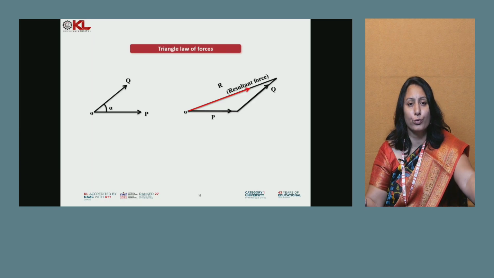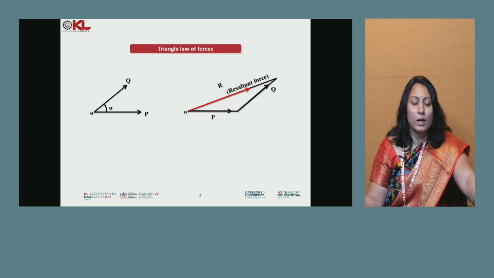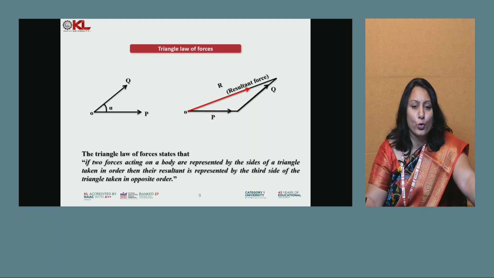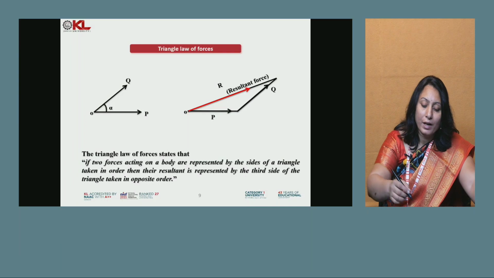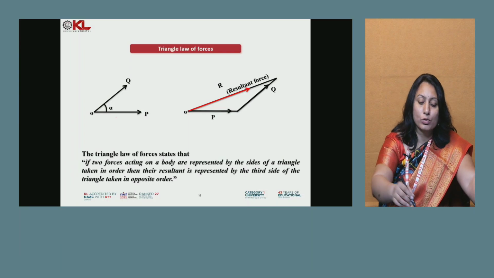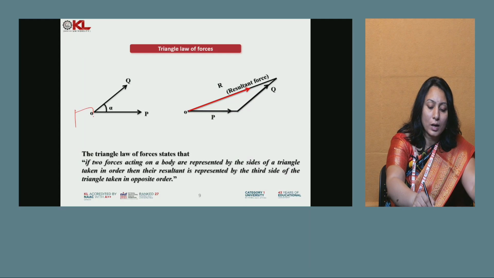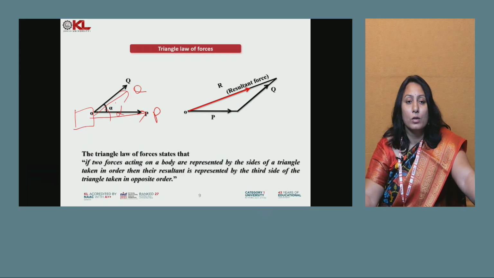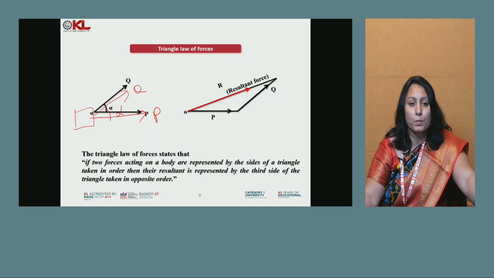So the definition of triangle law is, if 2 forces are acting on a body and are represented by the sides of a triangle. So this is the actual force diagram. So these 2 forces must be represented as the sides of a triangle taken in order.